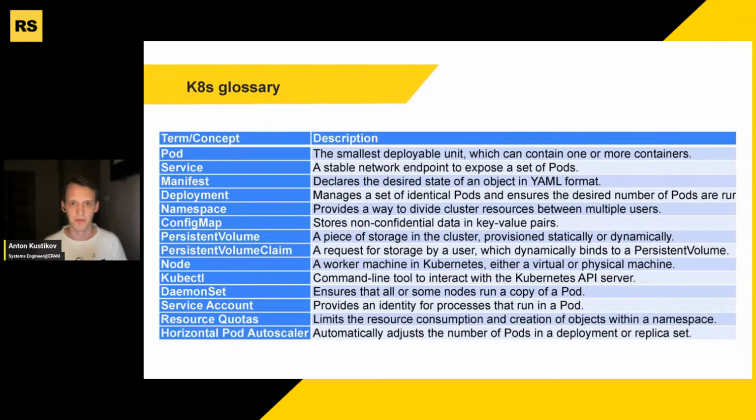Okay, quick glossary. As I already mentioned, pod, the smallest deployable unit, which can contain one or more containers. Just keep it in mind. Service, a stable network endpoint to expose a set of pods, or just one single pod. So you can manage what kind of IP address should be allocated.